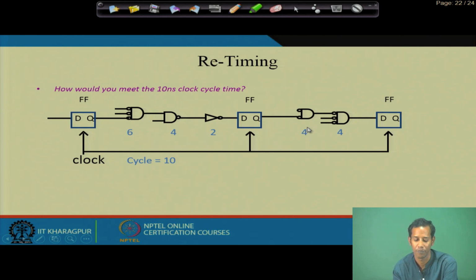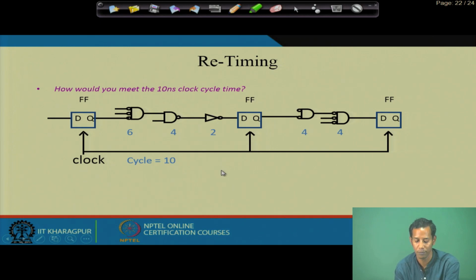So, 8. Now, how can you meet the 10 nanosecond clock cycle time requirement? If I set the clock cycle requirement as 10, then this particular path requirement is 12. So, it will not work.